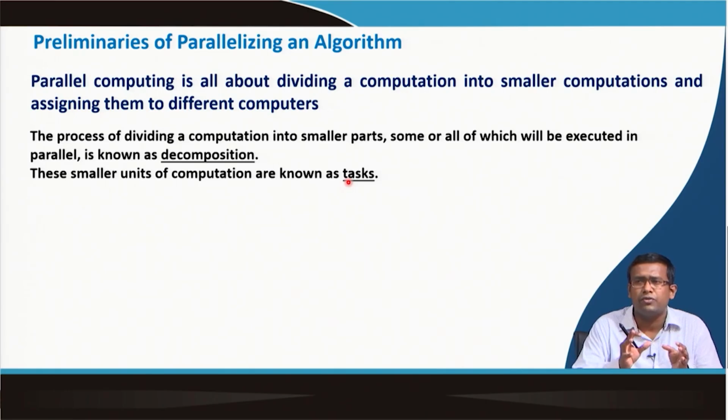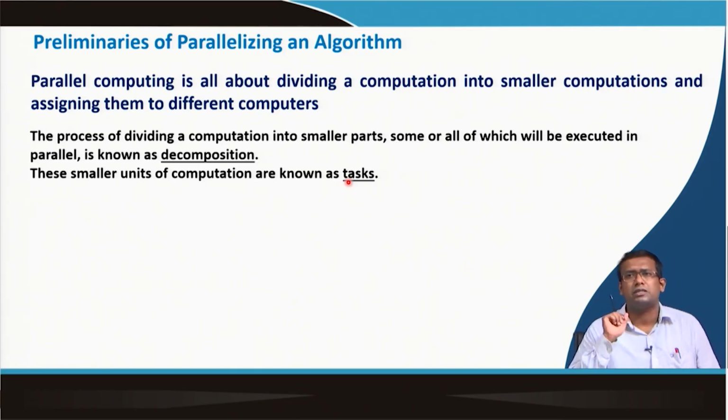Each processor will get 10 tasks, and these 10 tasks within a processor will be executed serially, but at any point of time 1000 tasks in all the 1000 processors are being executed in parallel. So the smaller parts of the task can be executed in parallel, or they also can be executed serially, but some of these tasks will always be executed in parallel if you are using a parallel computing architecture.